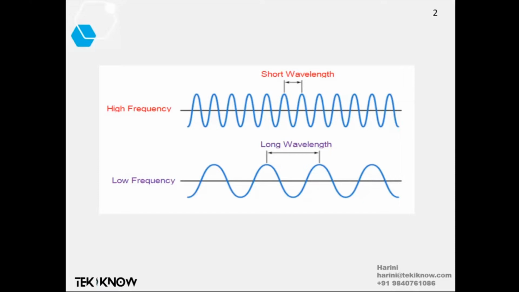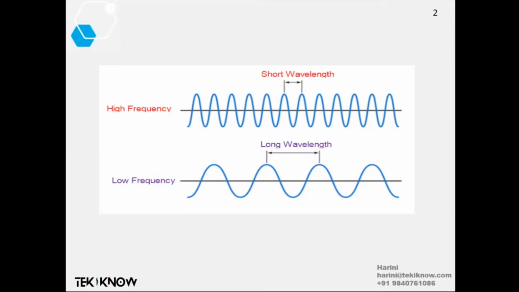Whatever you study, study with an example, it will be fixed in your mind. So I will give you a short example for wavelength and frequency. If you are walking some distance, how long you take one step, how long your leg takes to make one step, that is the wavelength.